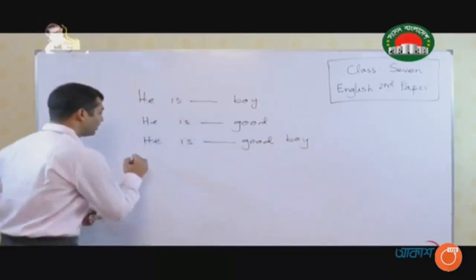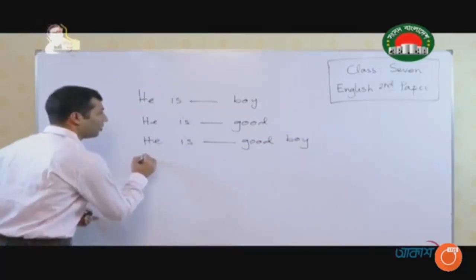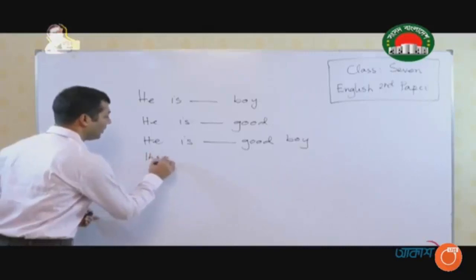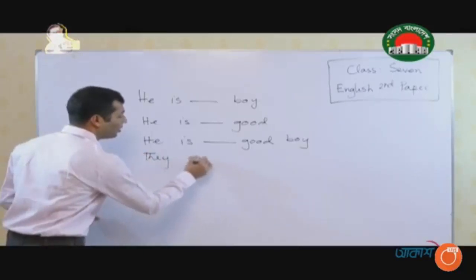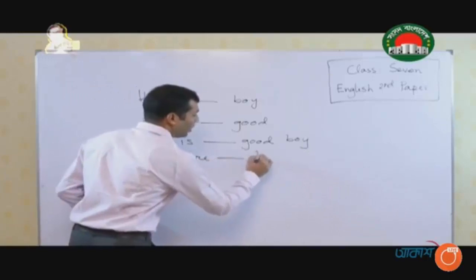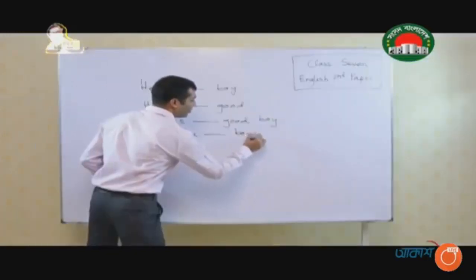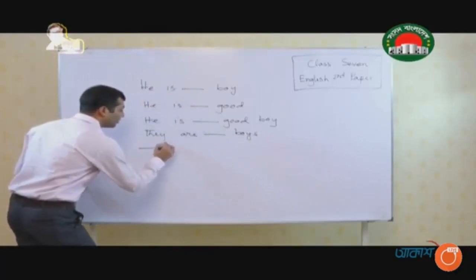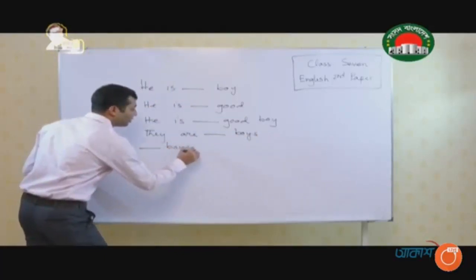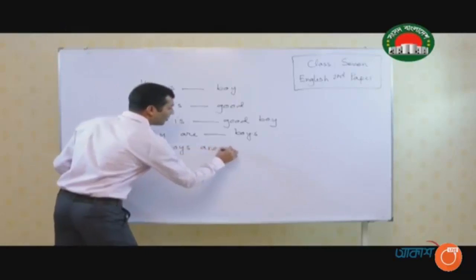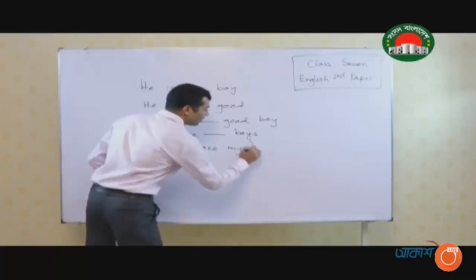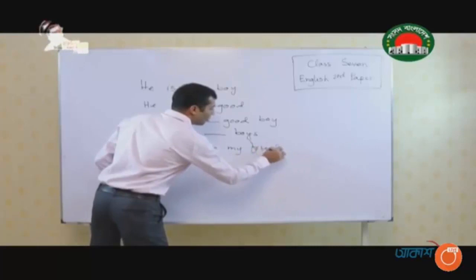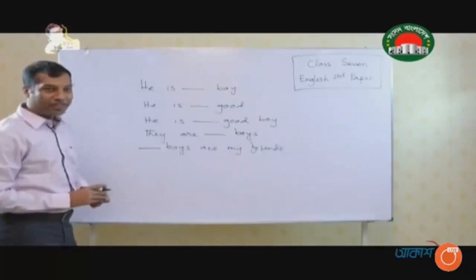I come to the next sentence. They are boys. Then the next sentence, dash boys are my friends. Okay, look at these 5 sentences.